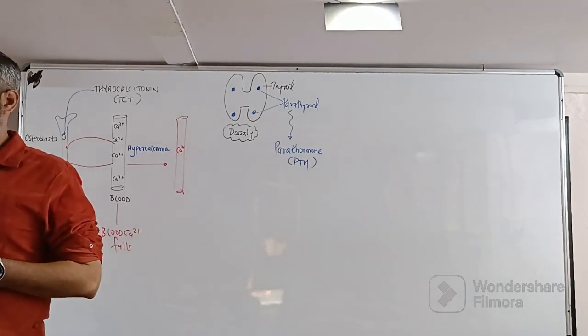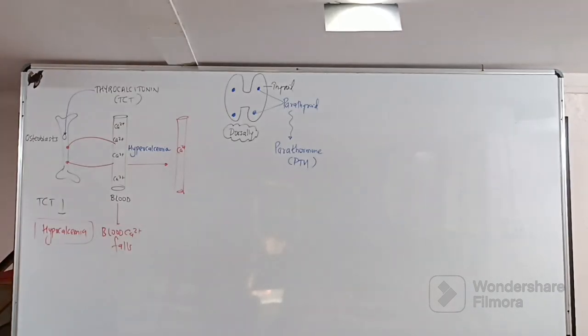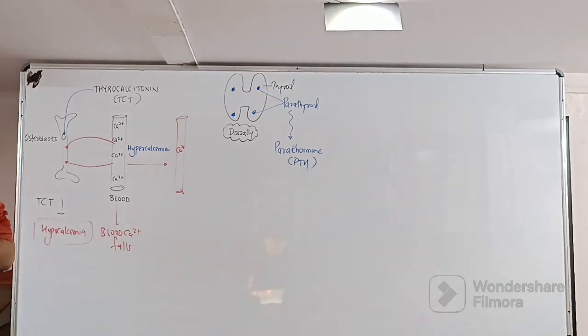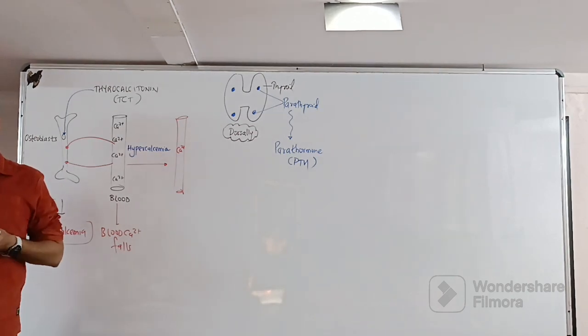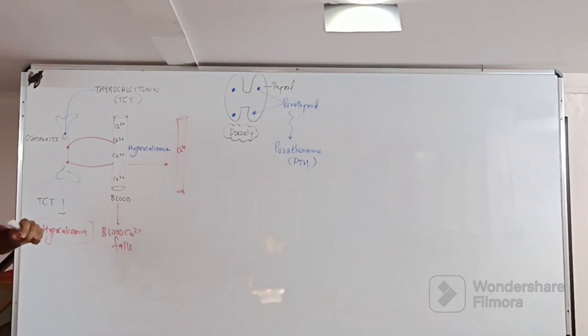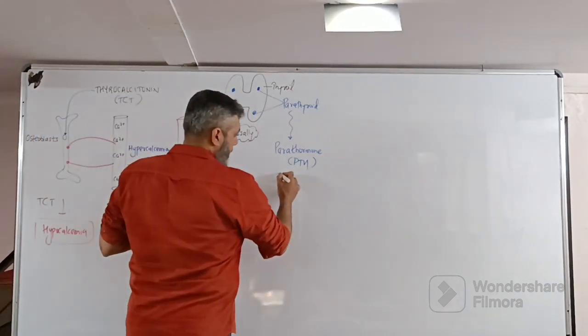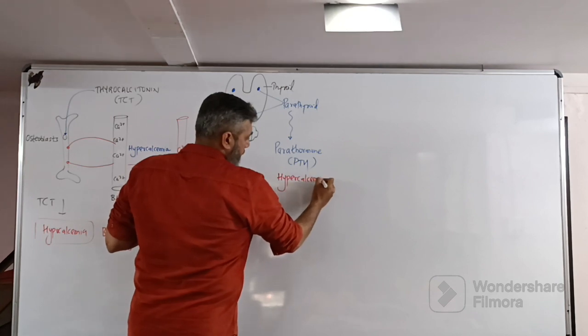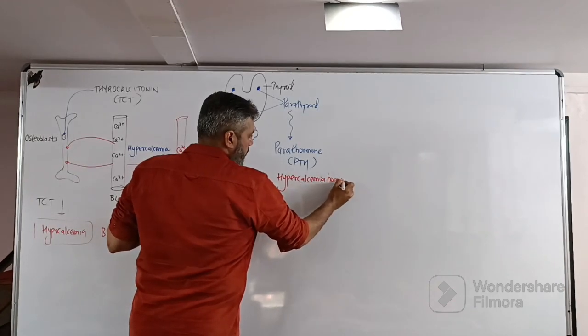Parathormone is also known as Collip's hormone. The name of the person, Collip, is not mentioned in the NCERT, so we have to remember PTH, that is parathormone. Parathormone is a hypercalcemia hormone.